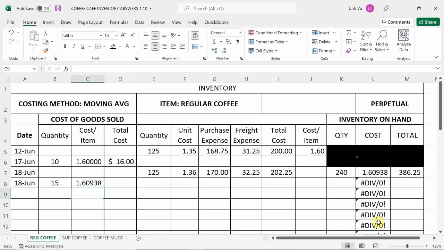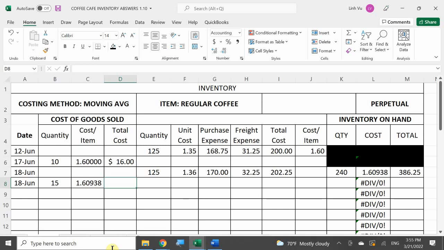You only solve for the rounded amount when you solve for the cost of goods sold, because you can't charge your customers half a penny, and it didn't cost you half a penny either. So you need to round your cost of goods sold to the nearest penny, okay? So how much is it going to cost me if I used 15 pounds at $1.60938?